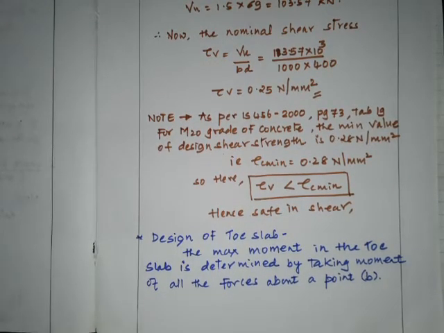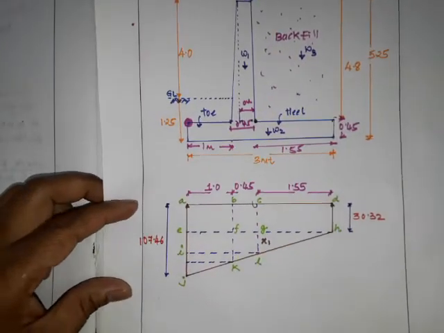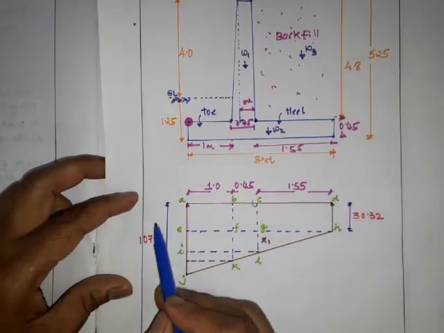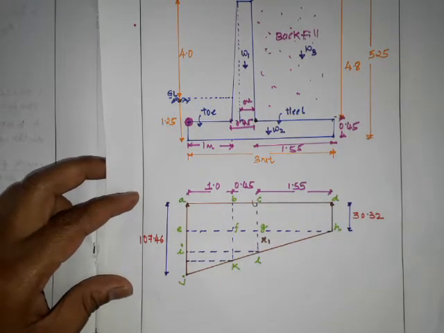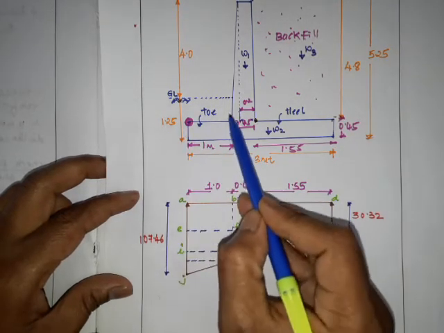So what you have to do now here? For design of toe slab, you have to consider this pressure distribution diagram, and this is the toe slab.